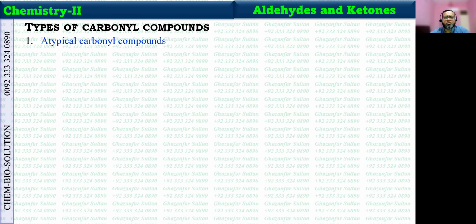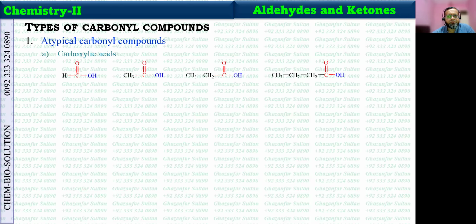Now the other type of carbonyl compounds are atypical carbonyl compounds, which include carboxylic acid. For carboxylic acid, if you are writing the IUPAC name, then the suffix oic acid is used. And it is always number 1 because only one valency is free if you draw the carboxylic acid.